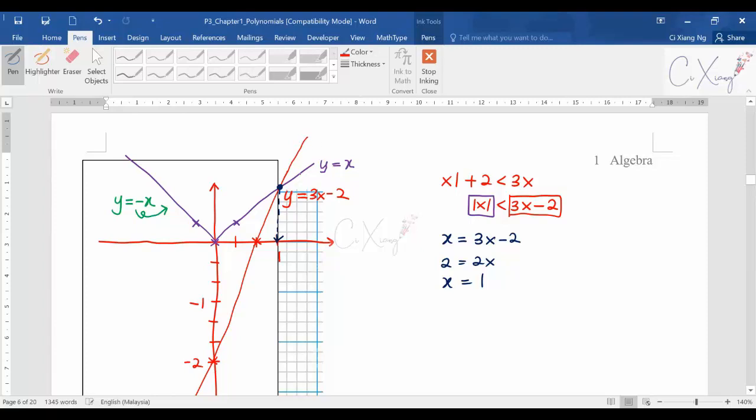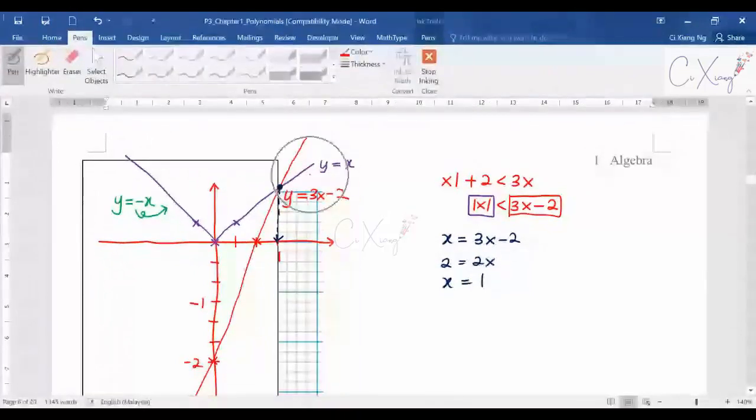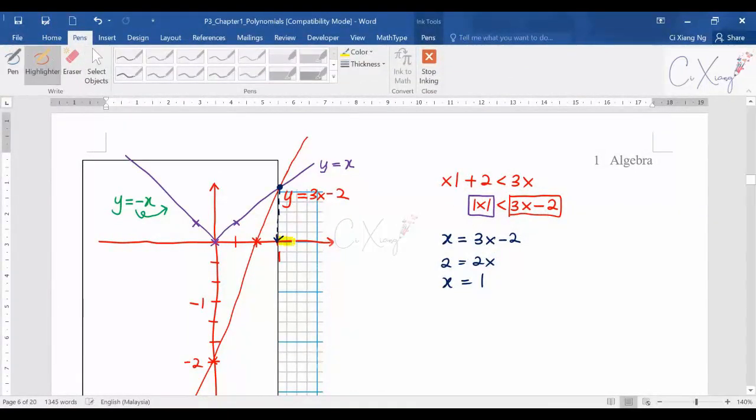For this part onwards, the purple color is below the red color: red on top, purple at the bottom. So purple is smaller than red, which means this part fulfills the inequality that I want. To write out this part, the answer is x greater than 1.